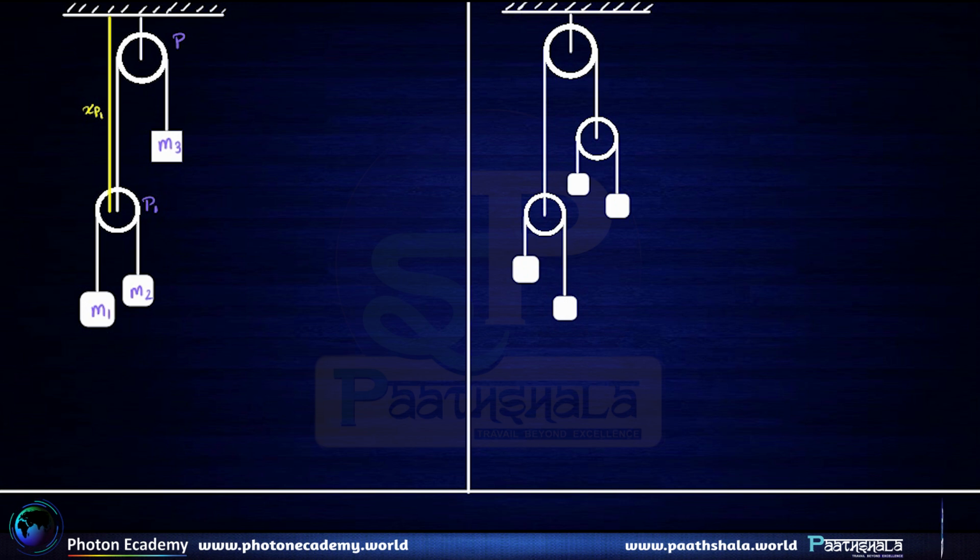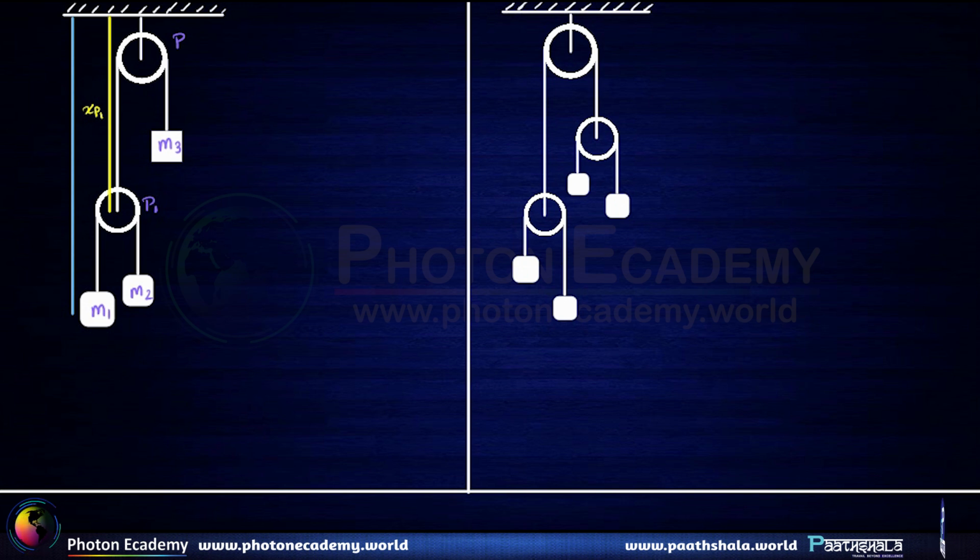The distance of m1 from the rigid support is x1. The distance of m2 from the rigid support happens to be x2, and the distance of m3 from the rigid support happens to be x3.